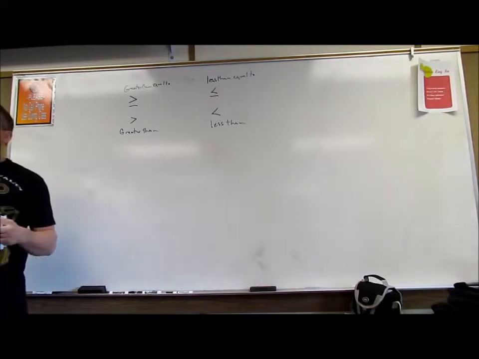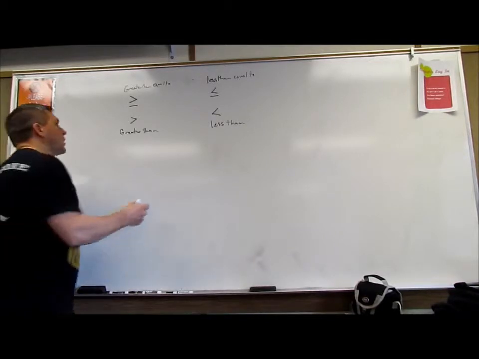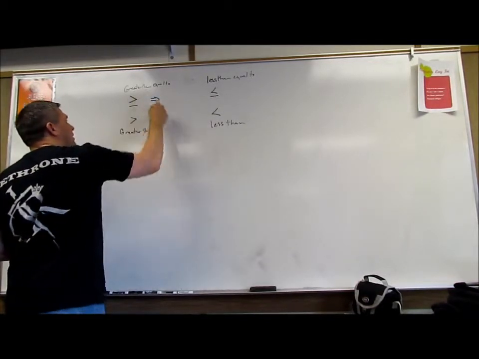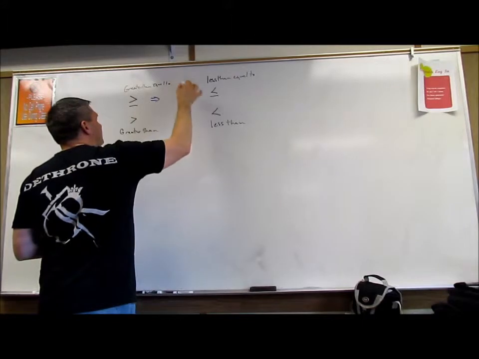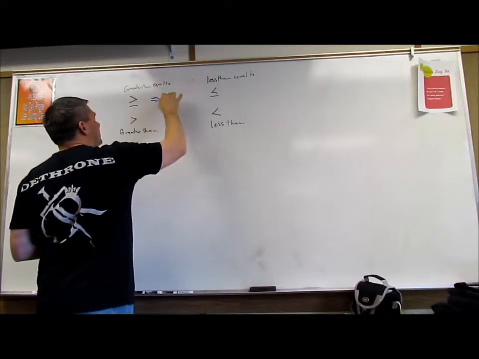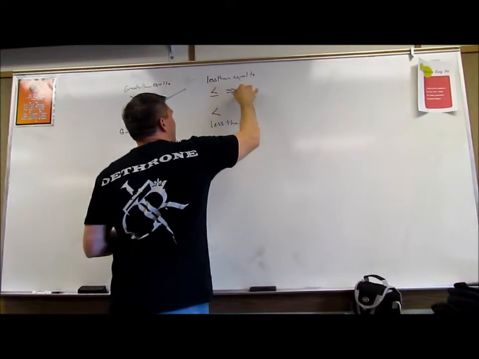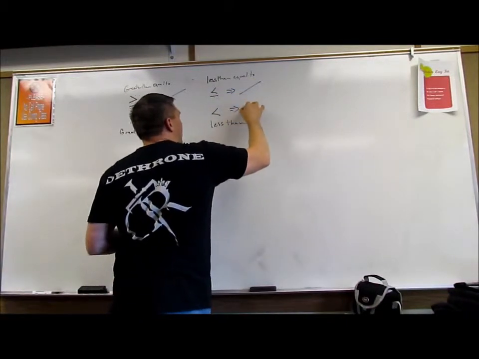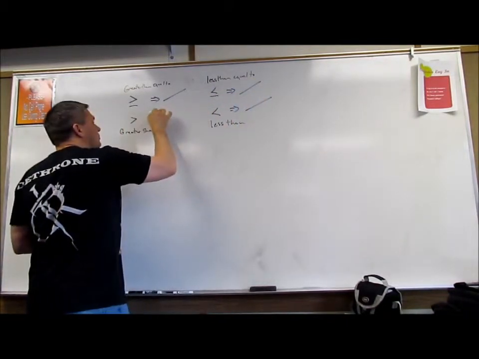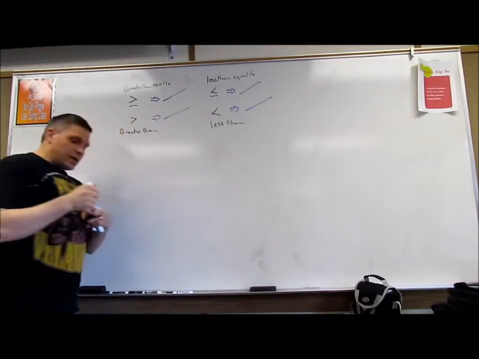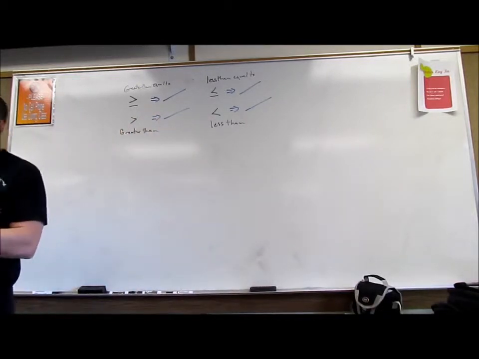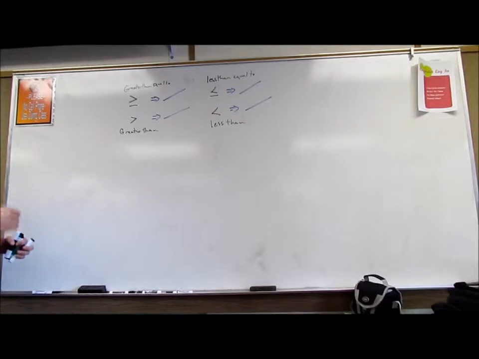Okay? And the things you want to remember about these symbols are that your lines are going to do some things. So this implies that you have a line, right? Let's just use the same line for all of them. This line has a positive slope. Now here's the thing.